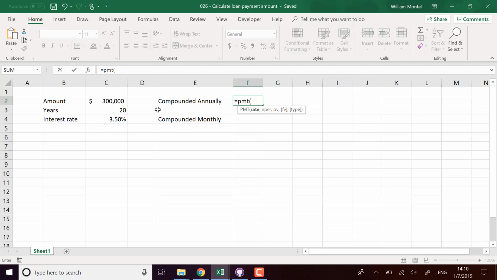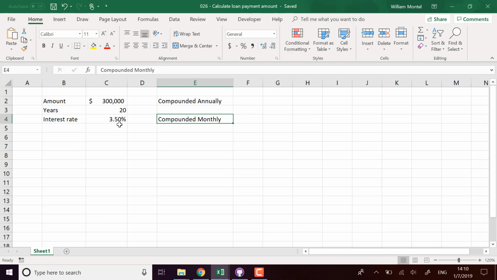So either we use as an annual interest rate 3.5%, or as a monthly interest rate 3.5% divided by 12, and it's a little bit different.